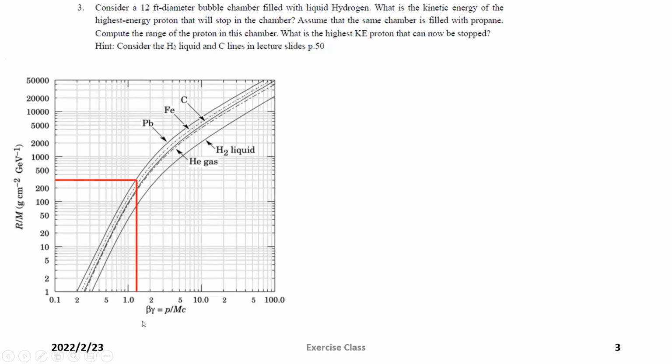The x-axis is beta gamma, which corresponds to the momentum and the mass of the incoming particles.